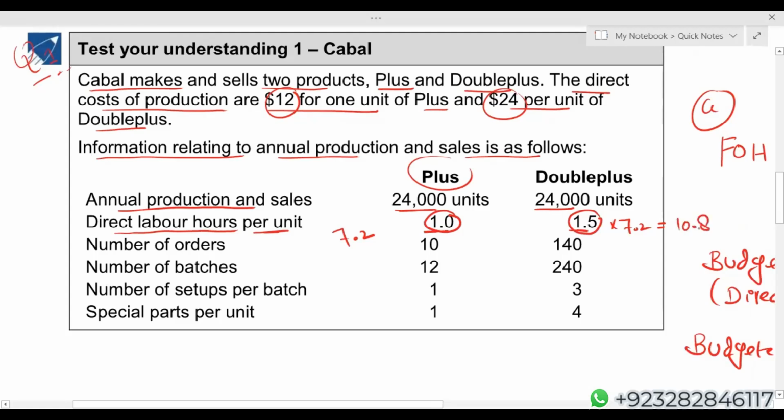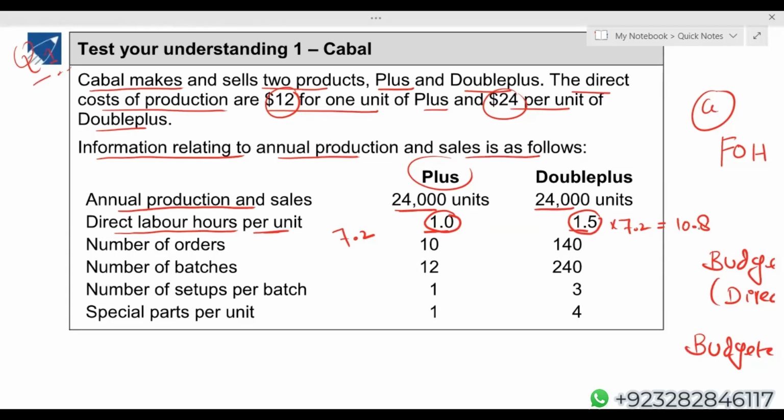For double plus, production overhead per unit is 10.8 because it takes 1.5 direct labor hours to produce 1 unit. We have already calculated the FOH rate per direct labor hour, 7.2, but double plus takes 1.5.